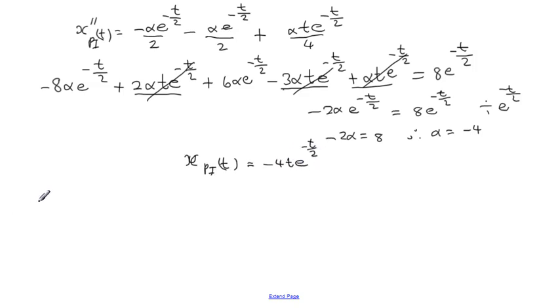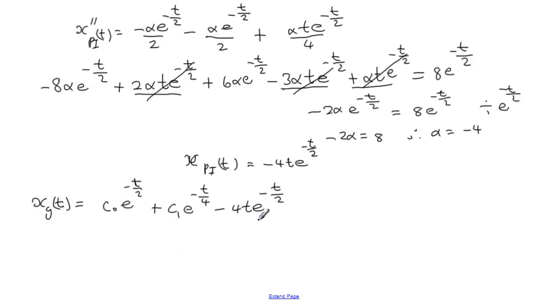And now our general solution x_g is going to be equal to c0 e to the power minus t over 2 plus c1 e to the power minus t over 4 plus the particular solution, which is minus 4t e to the power minus t over 2.